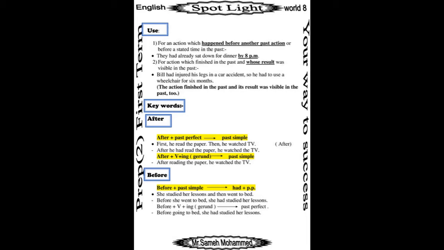This is the example, and I want you to use before at the beginning of the sentence. So it will be, before she went to bed, she had studied her lessons. After before, I used the past simple, she went. And the second part is past perfect, she had studied.